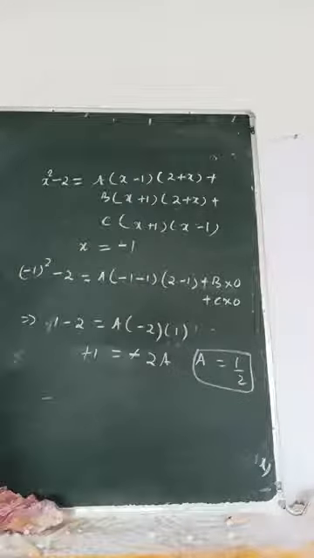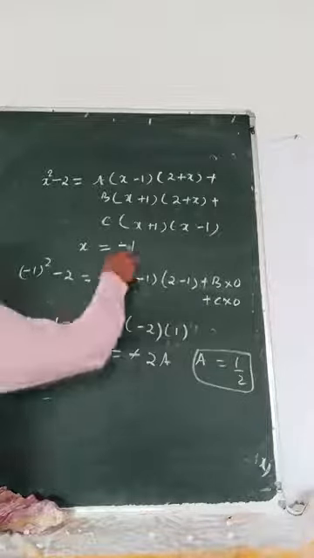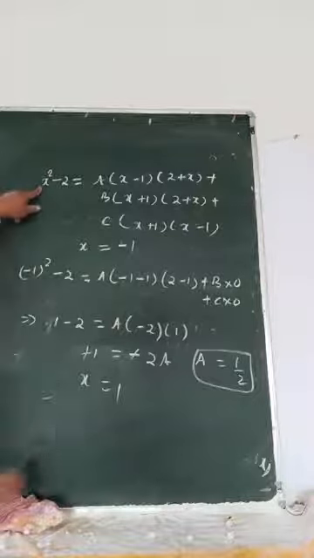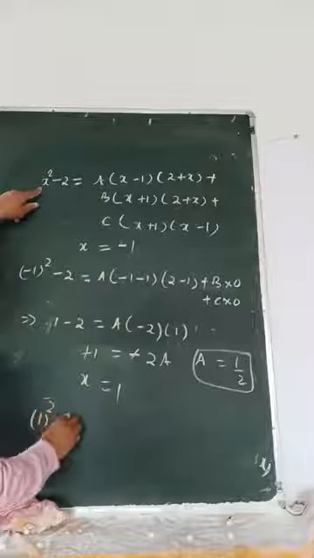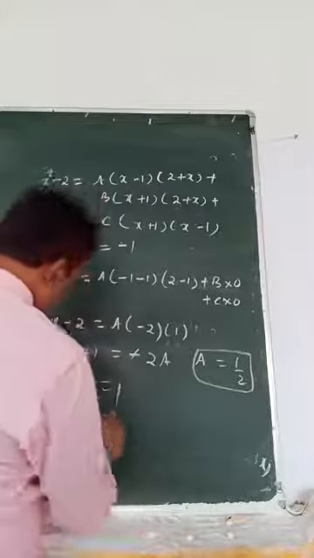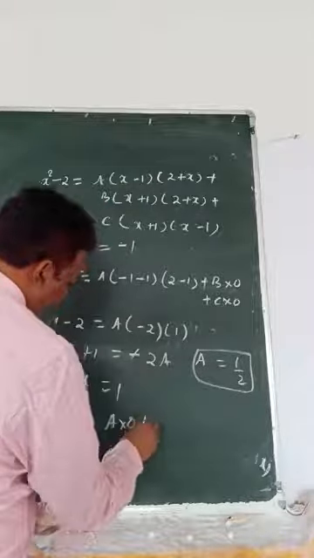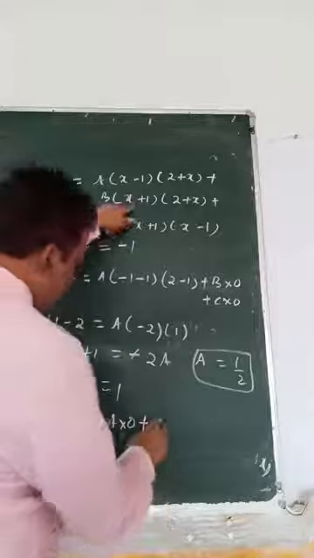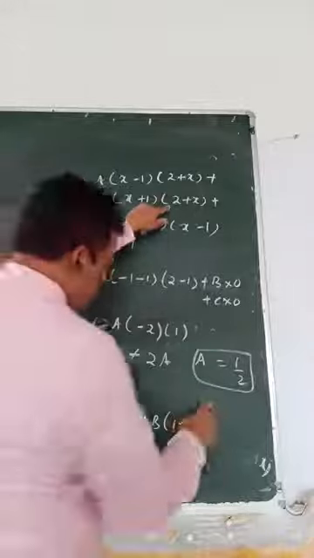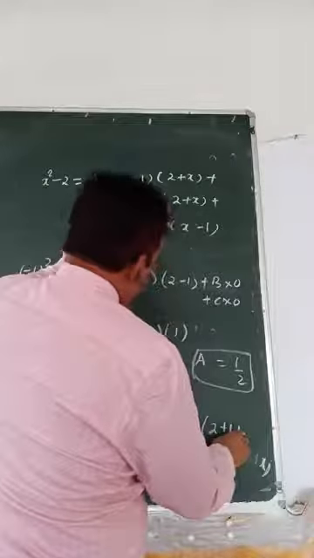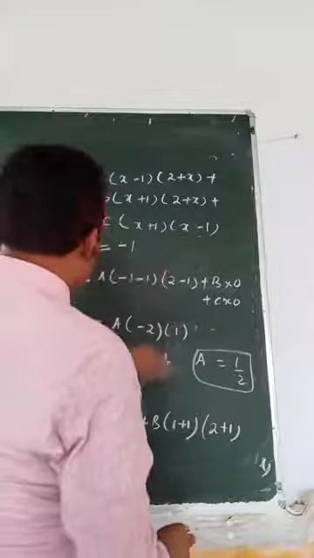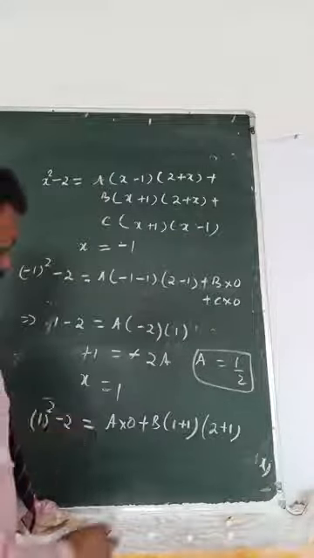Okay, you have put minus 1, now you put plus 1. So this will be 1² - 2; A into 0. B is how much? Now this is 2, this is 2 + 1, and the C term will be 0 because you are putting 1.